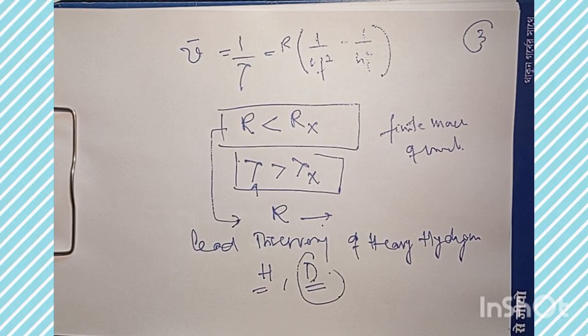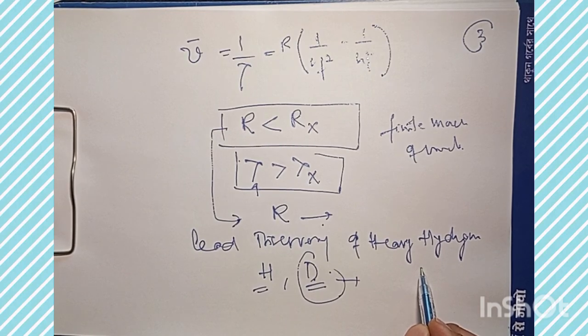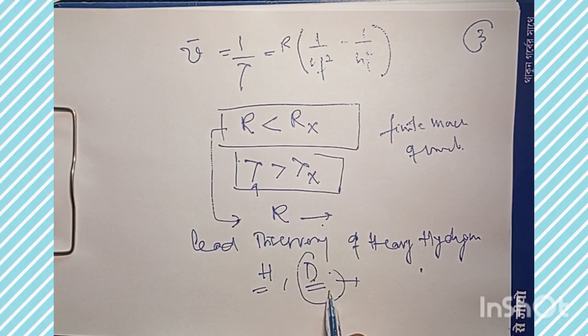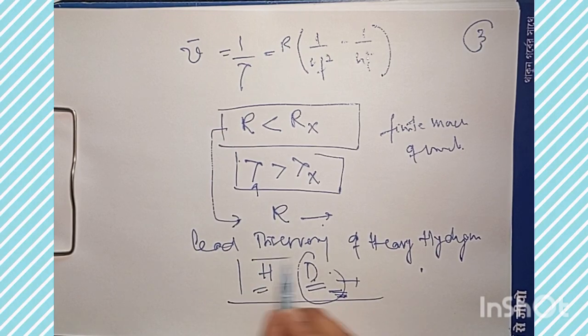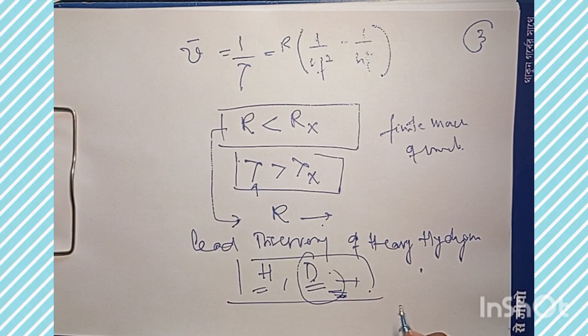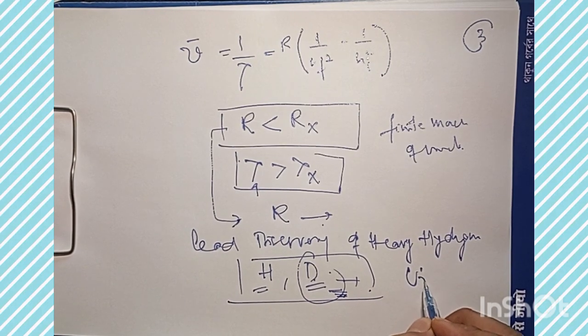So consequently, the wave numbers of the spectral lines that we will see for deuterium are slightly greater, and the wavelengths are slightly shorter than those in the spectral lines of hydrogen. Finally, this deuterium spectrum was photographed by Urey in 1932.